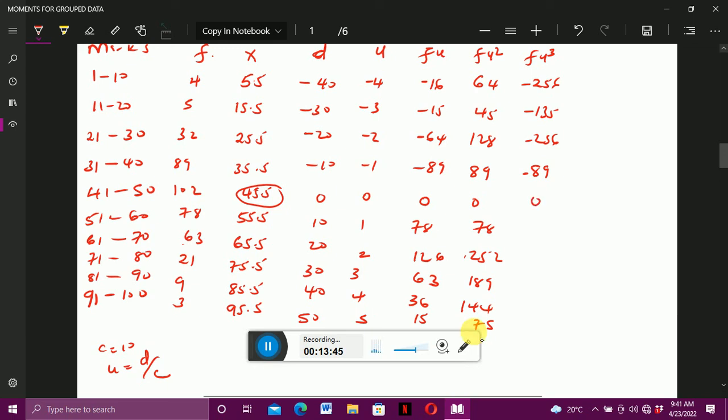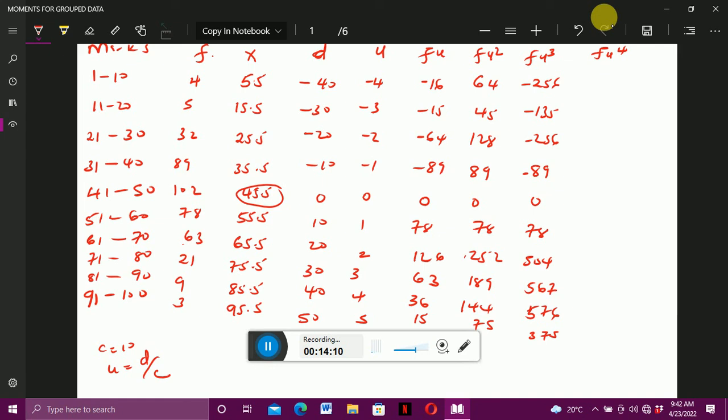Then we have 0. We have 78, we have 504, 567, 576, and 375.